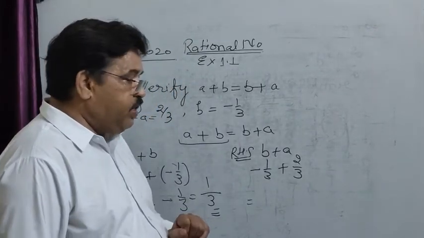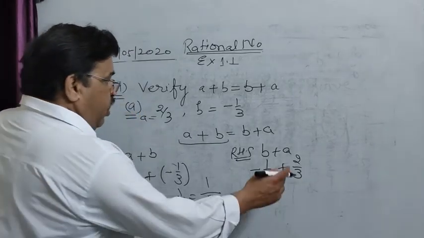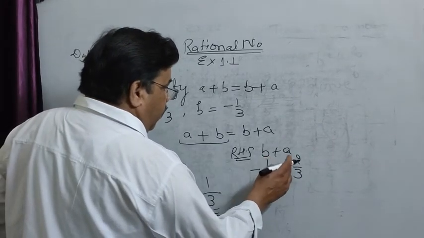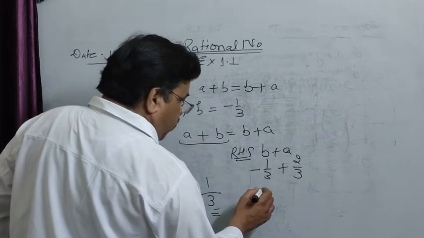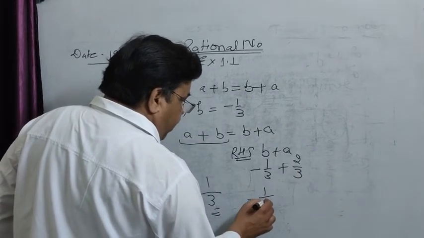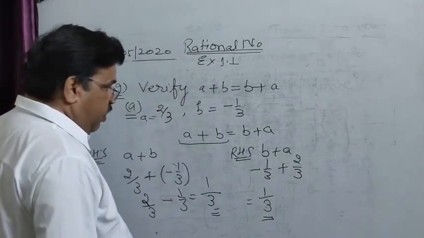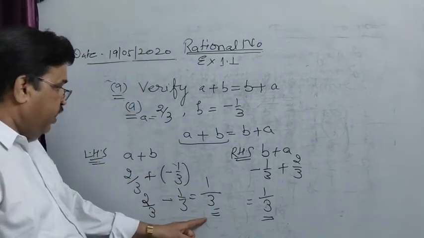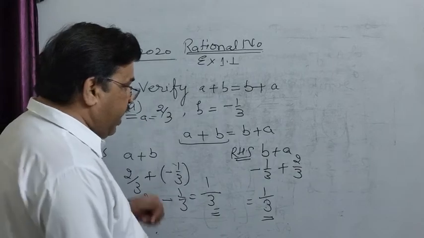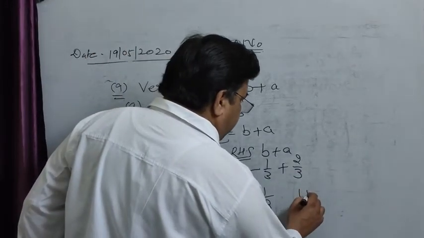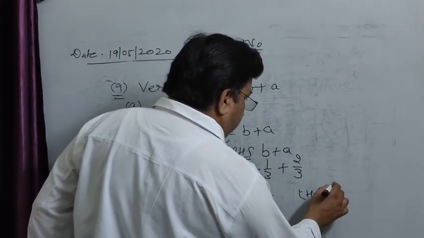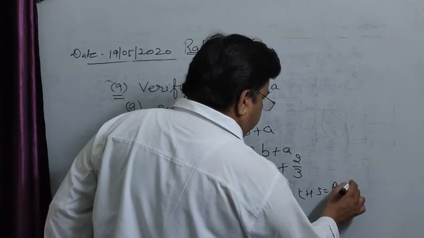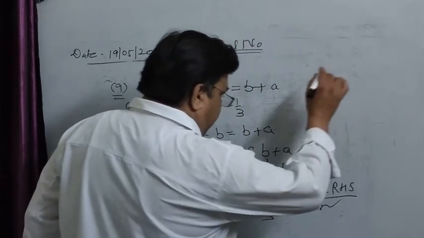Because they have different signs. Okay, now subtract 1 from 2, 1 by 3. This is the right hand side answer, 1 by 3, and the left hand side answer is 1 by 3. Both answers are the same. You can write LHS equals RHS.